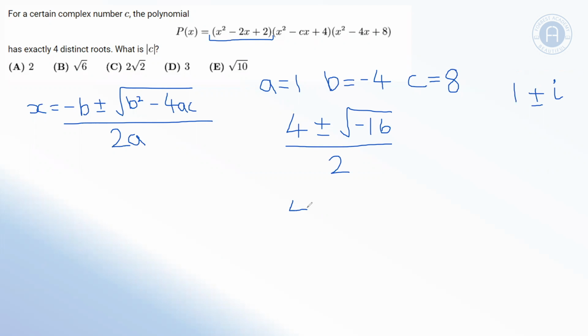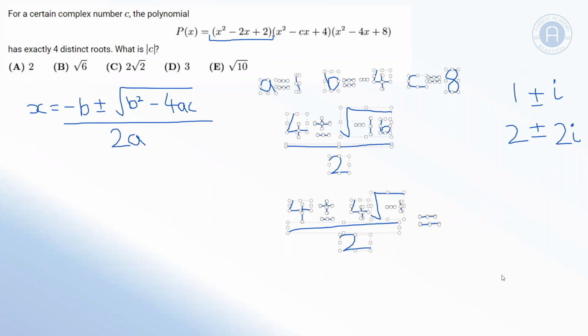Again, we can simplify the square root of -16 to 4 square root of -1, over 2, and that is going to give us 2 plus or minus 2i. So now we have 4 distinct roots for this polynomial.